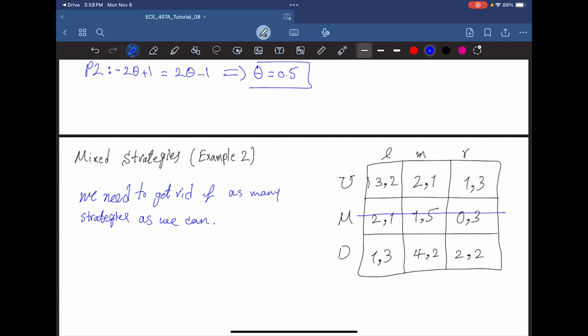And then for the other player, we can see that M is dominated by L. So this is 2, this is 1, 1, 5. So in this case, M has a greater value, but 3, 2.